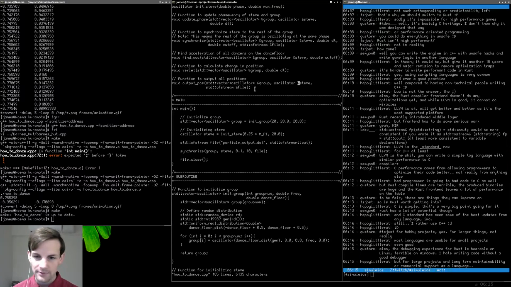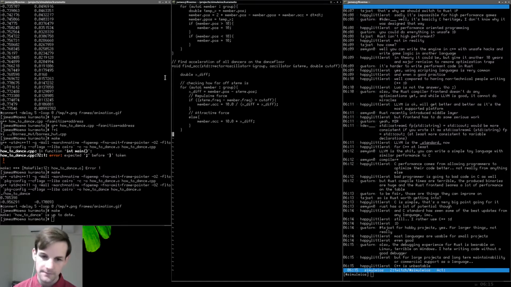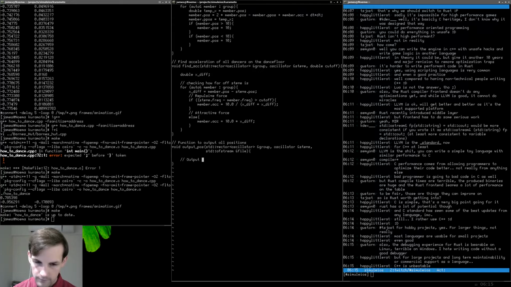So let's go ahead and pop this down at the bottom. Output here. And let's go ahead and put it in here. So what do we need to do? The first thing we want to do is output Steve first. So it'll be the first position, and everyone else will be the positions on top of that. Okay, so here's what we're going to do.